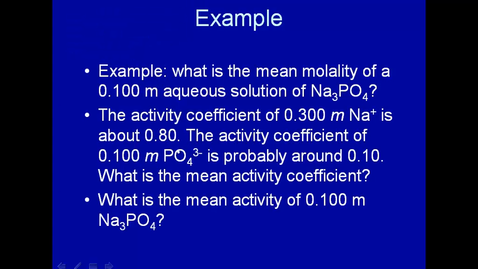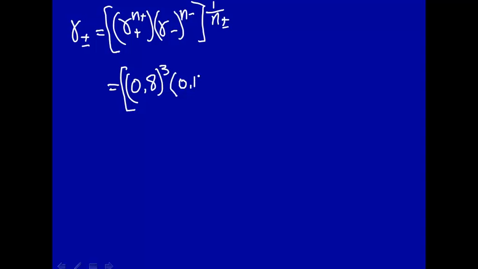Phosphate, the activity coefficient there is about 0.1, raised to the first power, and this is the 1 over 4th root, and this comes out to be 0.476. So the activity coefficient of the plus is 0.8, the minus is 0.1, and the average activity coefficient considering both species is 0.476.